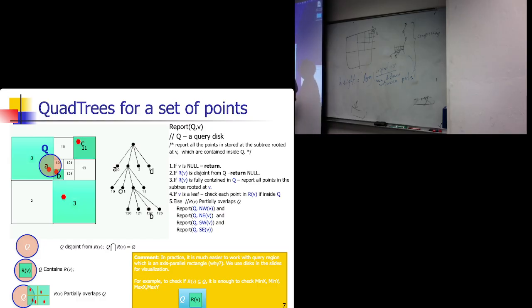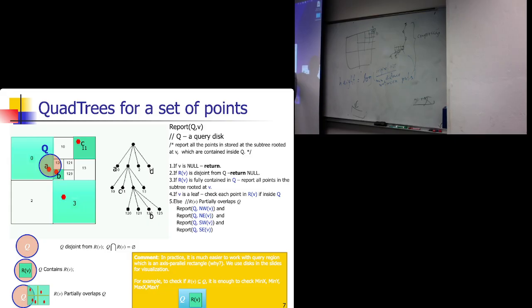Okay, almost done. The only interesting part is if V partially overlaps Q. The region of the node is not fully inside, not fully outside. Some points are inside, some points are outside.